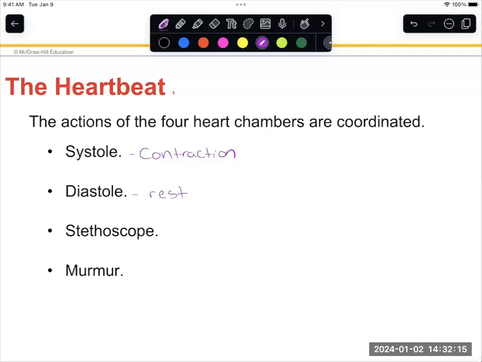We can listen to the heartbeats with a stethoscope. It acts kind of like a megaphone where it amplifies the sounds. The sounds that we listen to in the heart are known as lub dub. It's what it sounds like. And a murmur is when a valve of the heart does not completely close, so blood continues to leak through it. We can hear a murmur with a stethoscope.